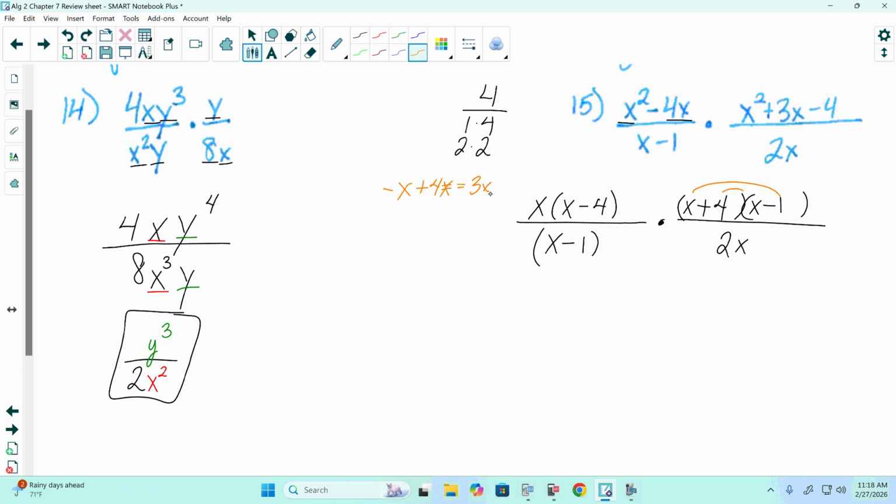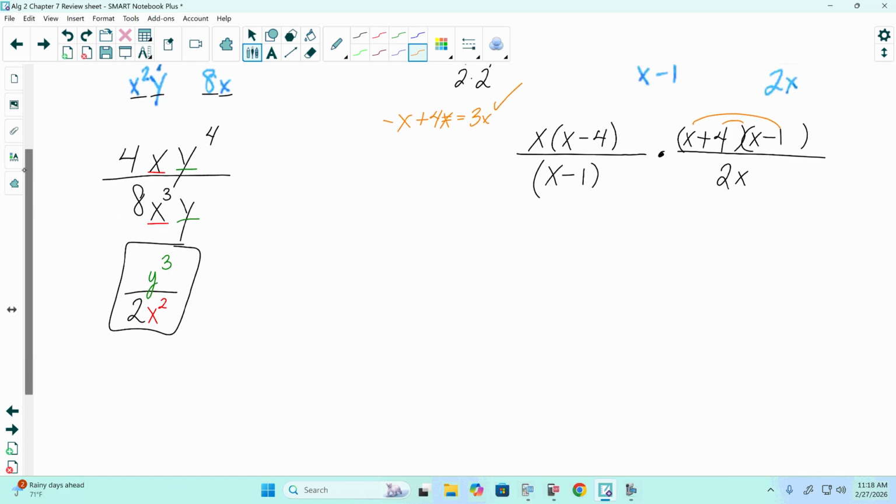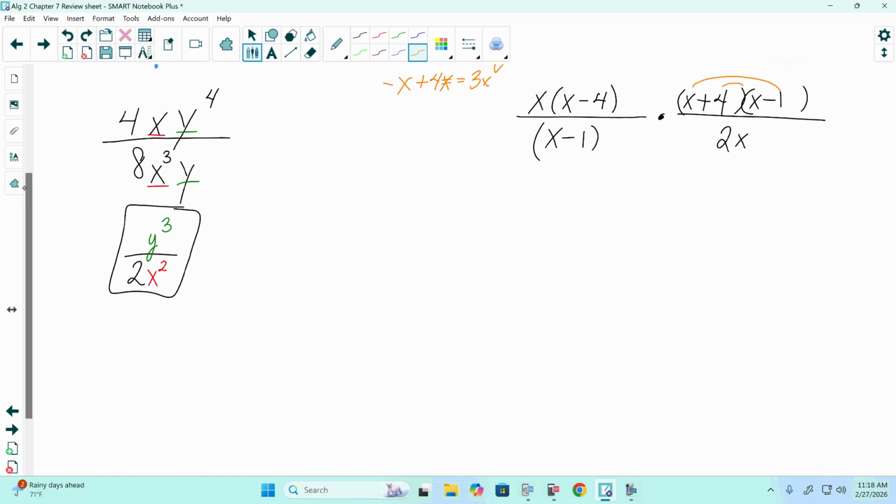Telling us if this is the correct setup, the middle term should be positive 3x. Is it positive 3x? Yes. So those are indeed the correct factors. So we can use the other terms to help us factor it and see what we have. Now we multiply this out on top.